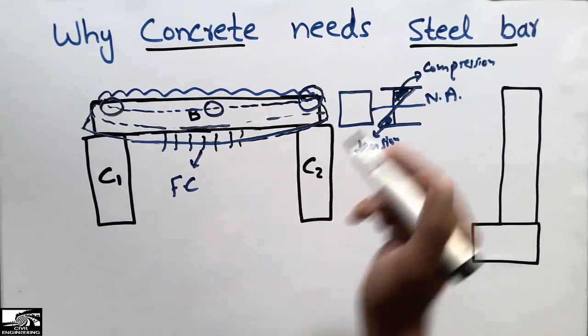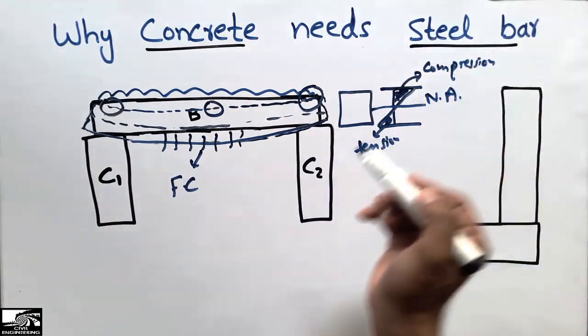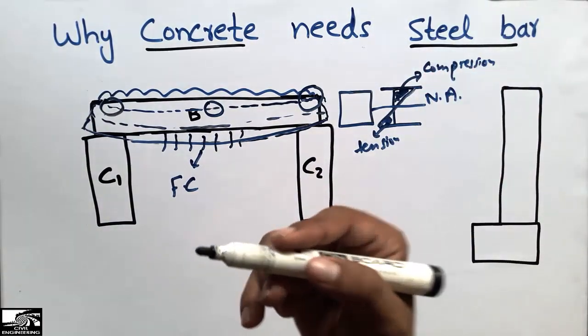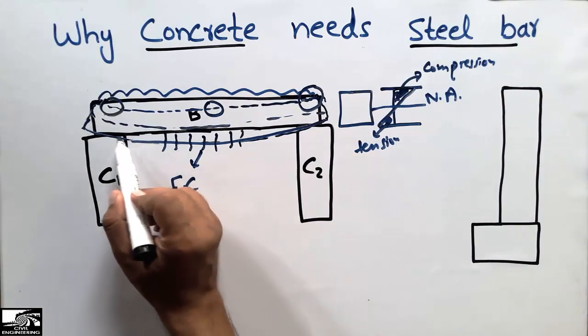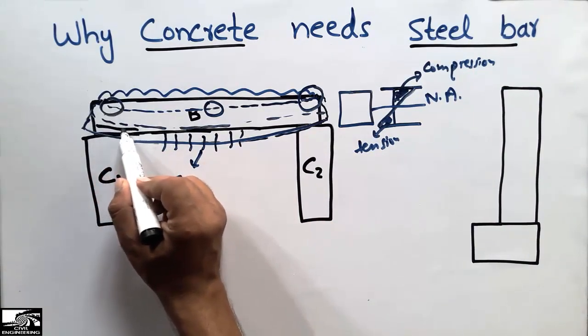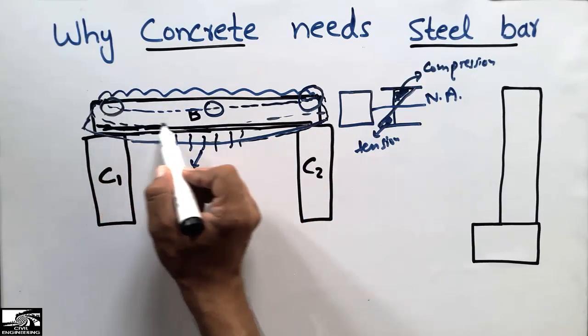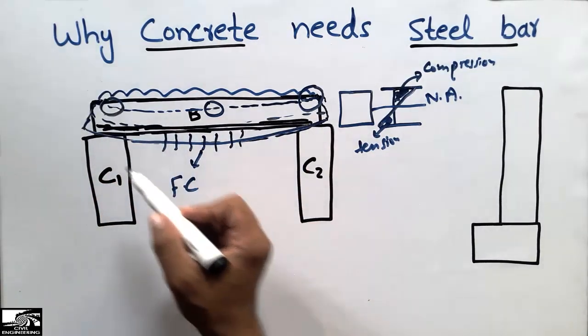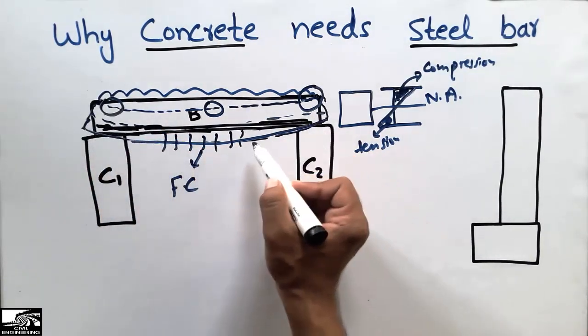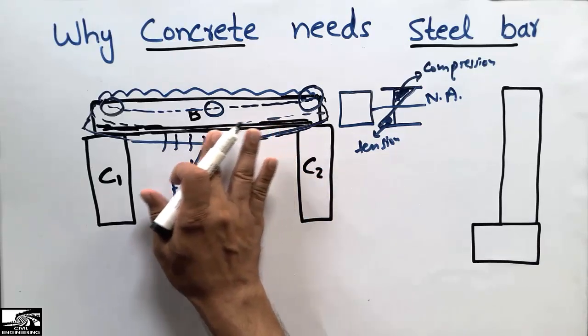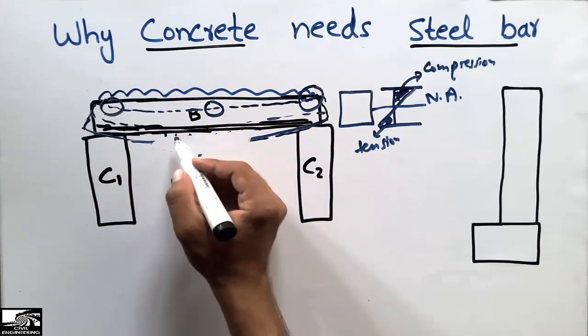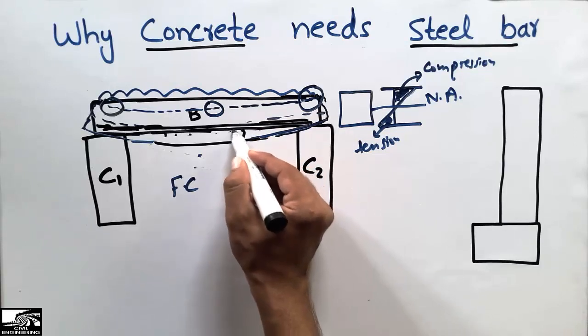So what we do is place the reinforcement or steel bar, which has high tensile strength. When we place the steel bar in this beam, it will again bend somehow, but the stresses are different now.